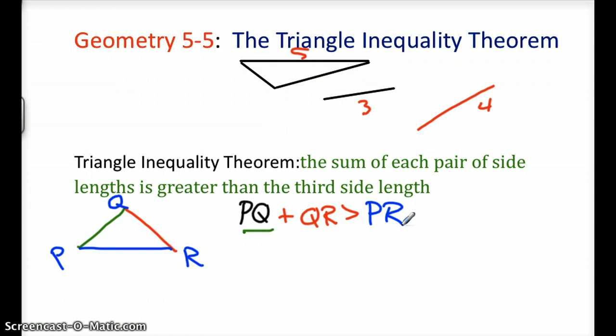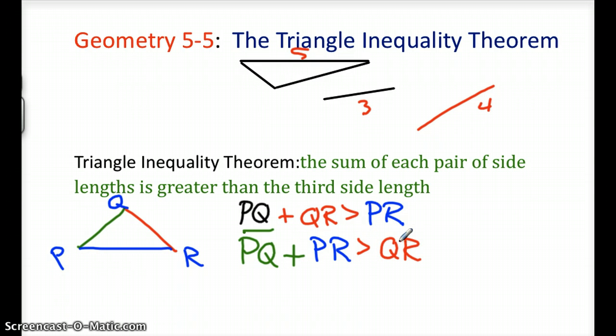Then I have to repeat that: PQ plus PR has to be greater than QR.